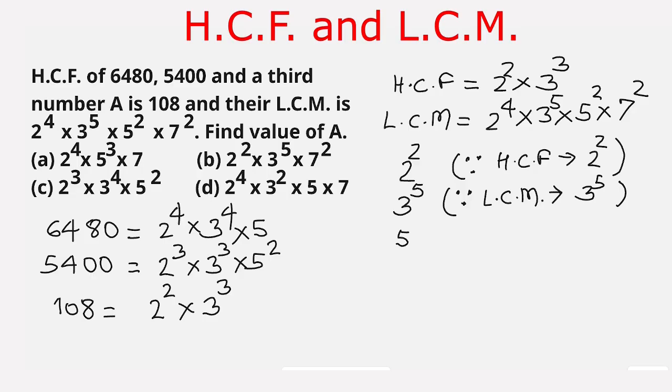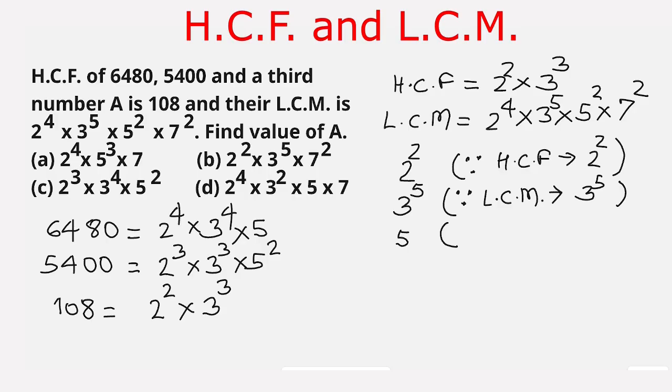As 5 has power 1 in 6480 and 5 has power 2 in 5400, the third prime factor of A may be 5, and it can have a power from 0 to 2, as the LCM has 5 to the power 2.